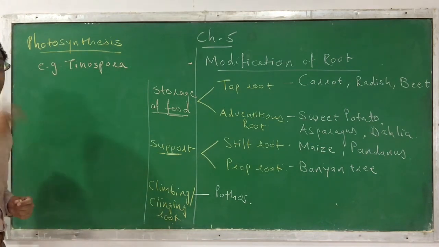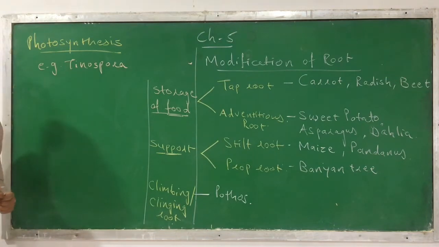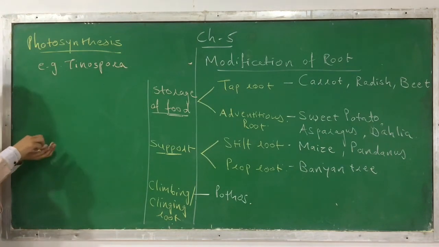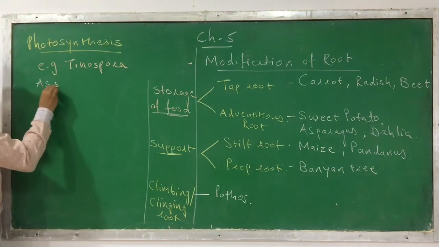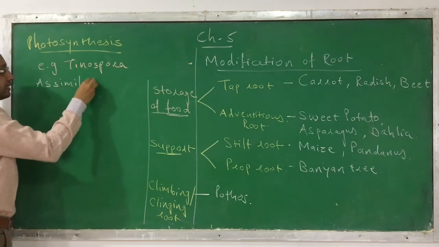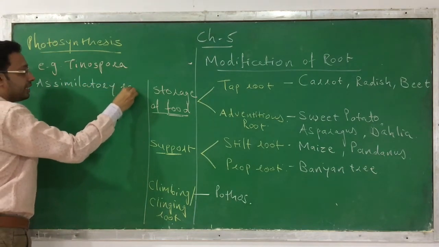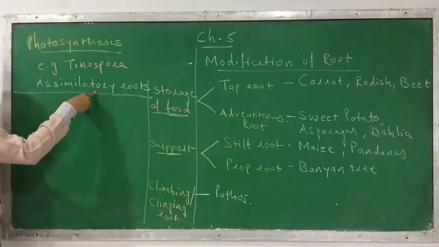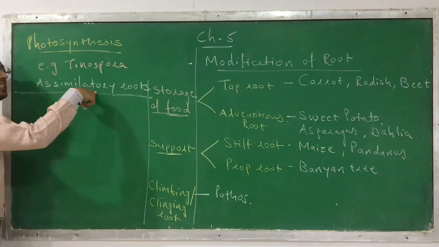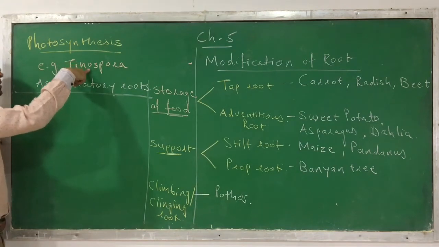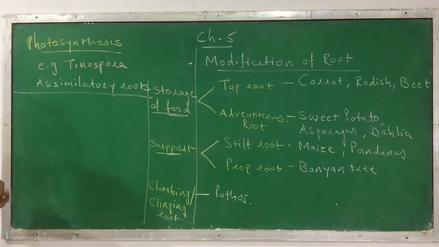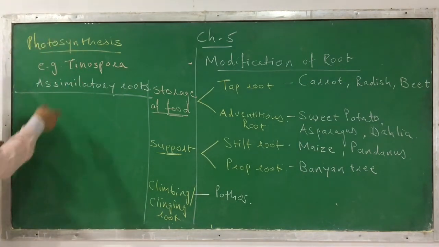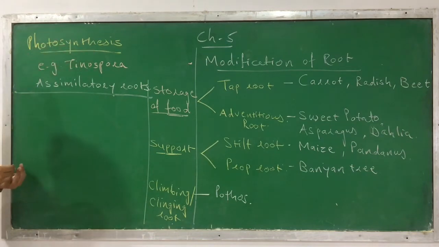These roots are photosynthetic in nature, meaning they can also perform photosynthesis. Such roots are called assimilatory roots. Assimilatory roots means those roots which can perform photosynthesis. That is observed in Ctenospora. So this is an example of roots for a special function called photosynthesis.